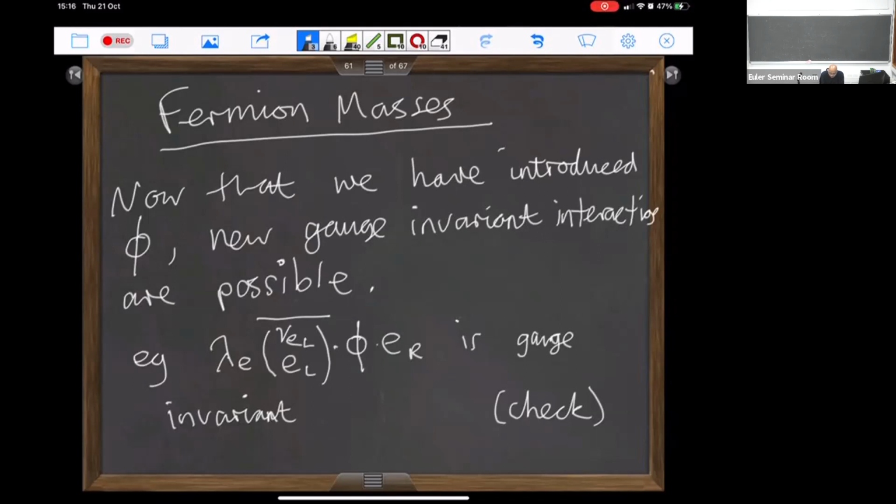Now that we've introduced a new field, phi, we have to consider possible new gauge invariant terms in the Lagrangian. In particular, there are so-called Yukawa interactions. A Yukawa interaction is essentially an interaction between a scalar field and 2 fermions.